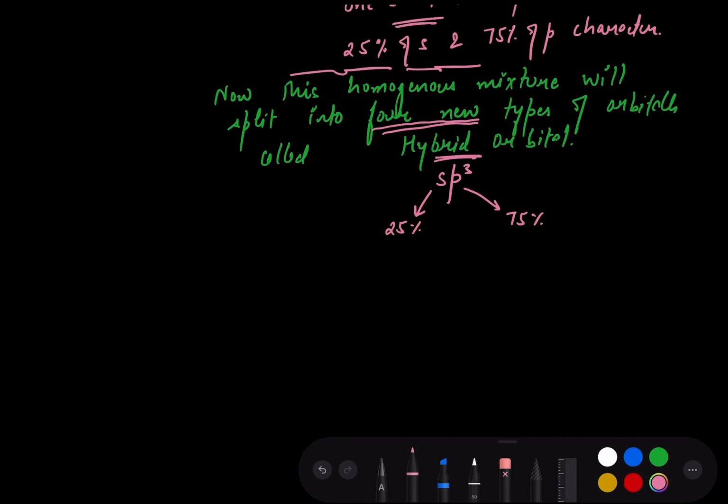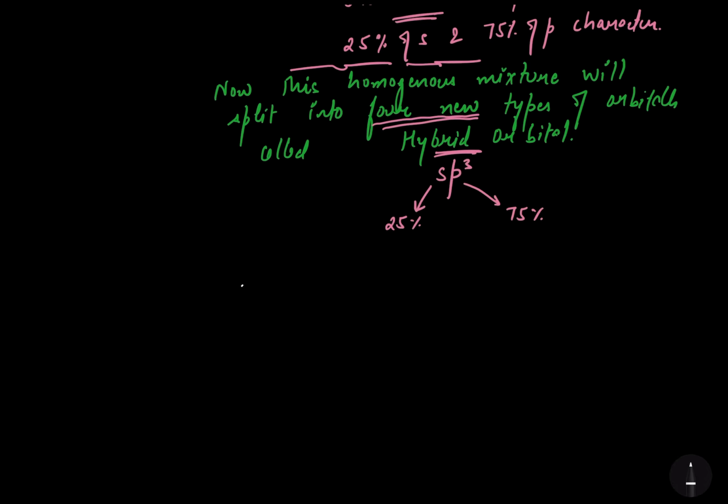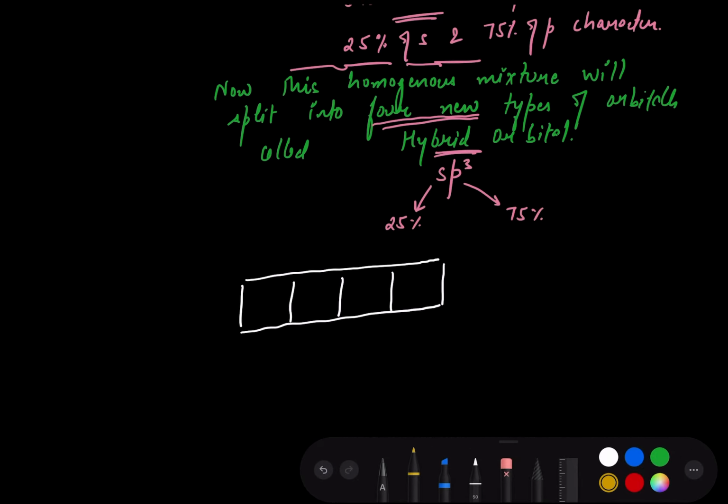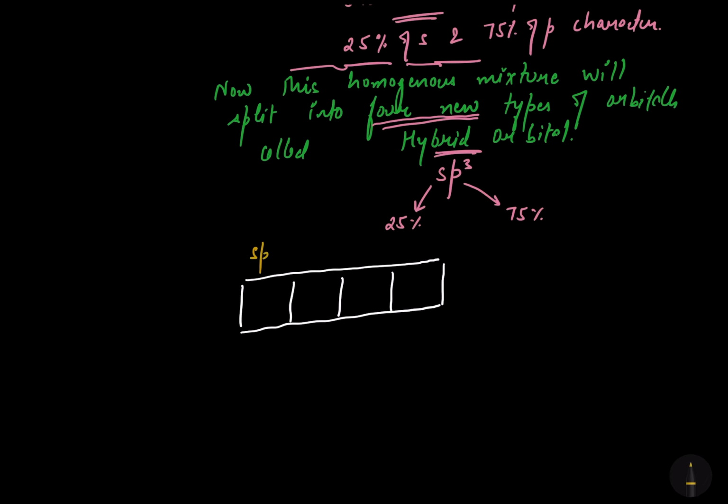So I am making 4 hybrid orbitals, and again they are all degenerate. So these are the 4 atomic orbitals, and the name of each atomic orbital will be sp3, sp3, sp3 and sp3.